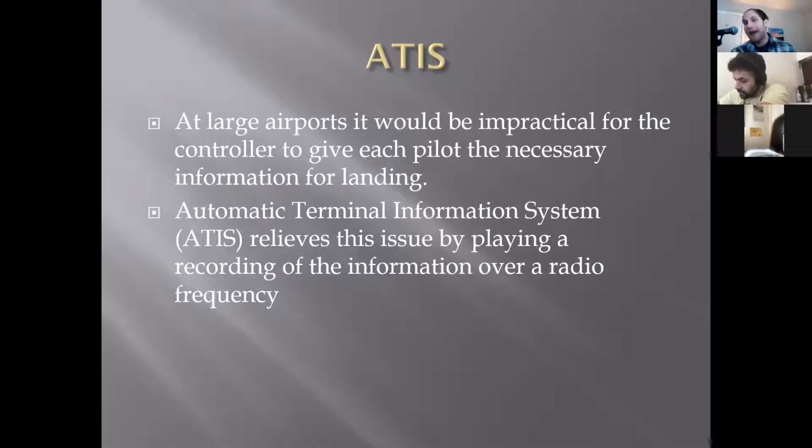Could be things such as taxiway closures, runway closures, what direction the wind is blowing from, what the active runway might be, any NOTAMs for the airport area, what the ceilings and visibilities are. It is weather information, yes, but it could also be extra information beyond weather.